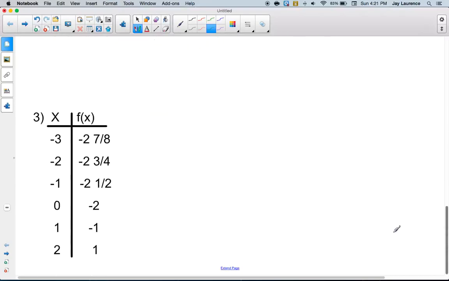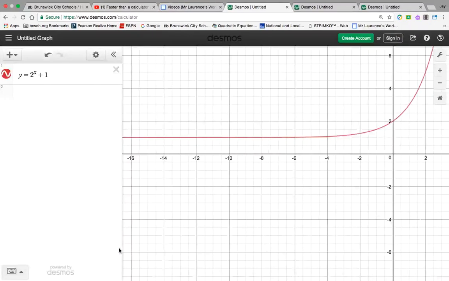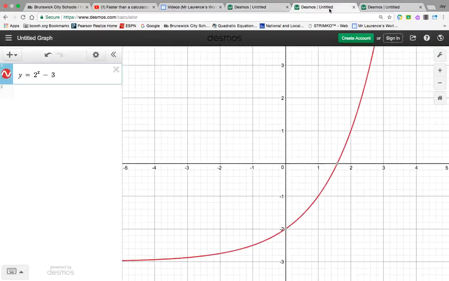Here's an input-output table, and this one is supposed to be y equals 2 to the power of x minus 3. By the way, I hope you can read this. This is supposed to be 2 7/8. Typing in Smart Notebook doesn't really work. That's negative 2 3/4, etc. Okay, now hopefully you can tell what the range is going to be already, but if you can't, let's take a look at the Desmos graph.